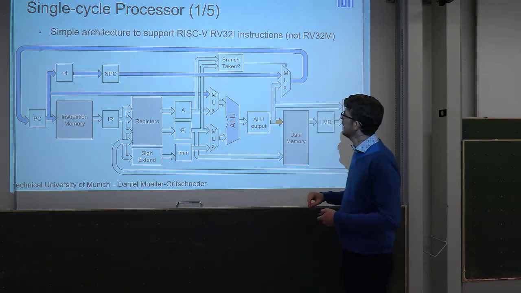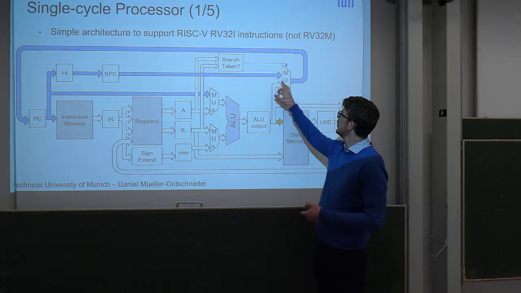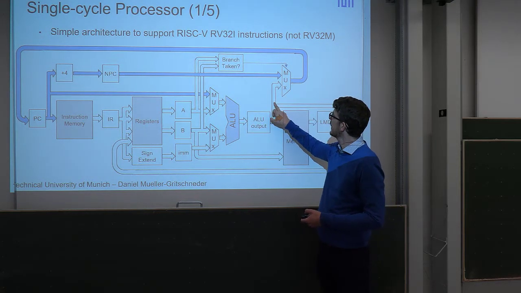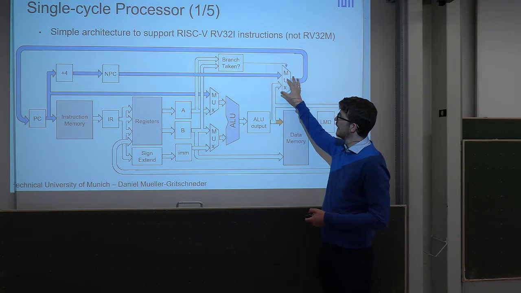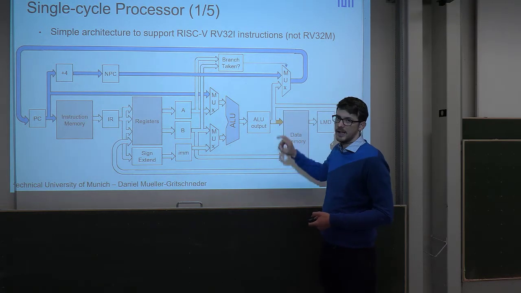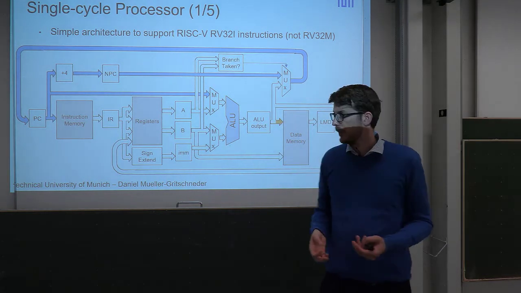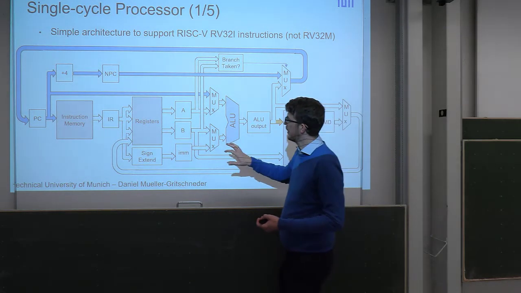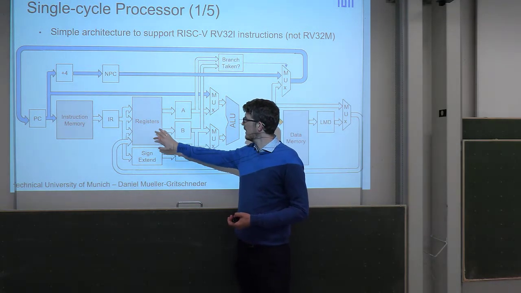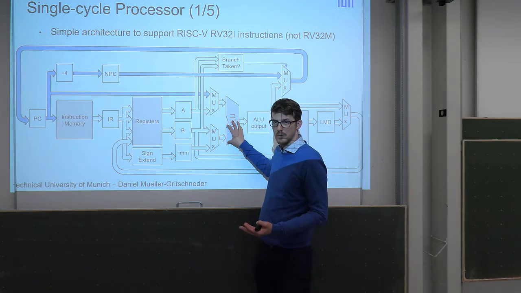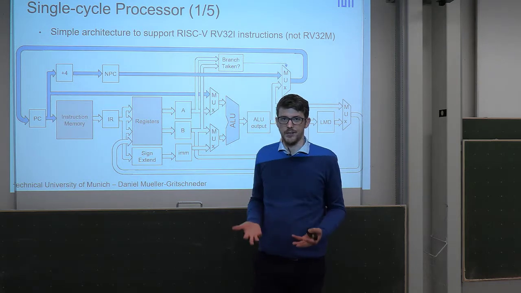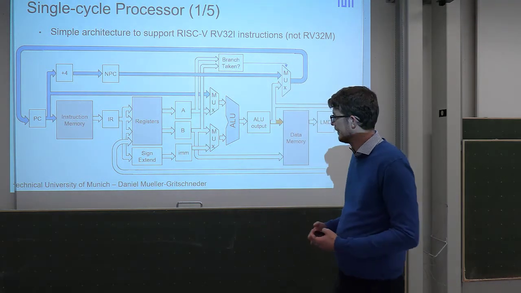There is some coloring here. The coloring means if it's blue, that's where you have the PC going on. And if it's yellow, that's the address to the data memory. So if you access this one, it's the data memory. The blocks are either memories or units which do something, and these arrows would be data buses, wires in your system.